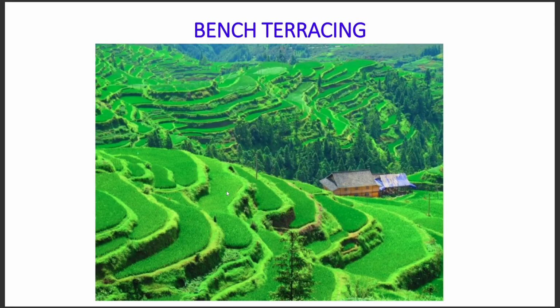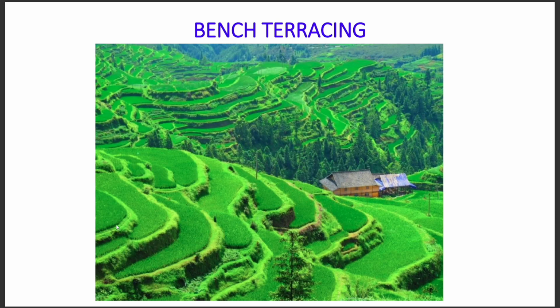Then we have bench terracing, just like the university's seating arrangement. There are types of bench, and in those areas we can prevent the soil from getting eroded. So mainly in this region there is a bund, in this region there is a bund, so the water will flow down from one layer to the next, step by step.